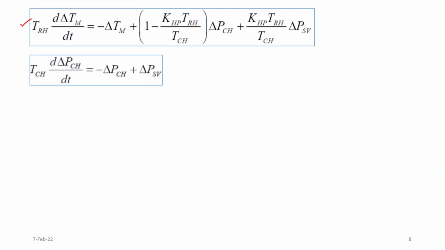In association with this, we have another equation for the steam chest: T_CH d by dt of delta P_CH equals minus delta P_CH plus delta P_SV. These two equations are associated with the steam turbine transfer function, or steam turbine differential equation.